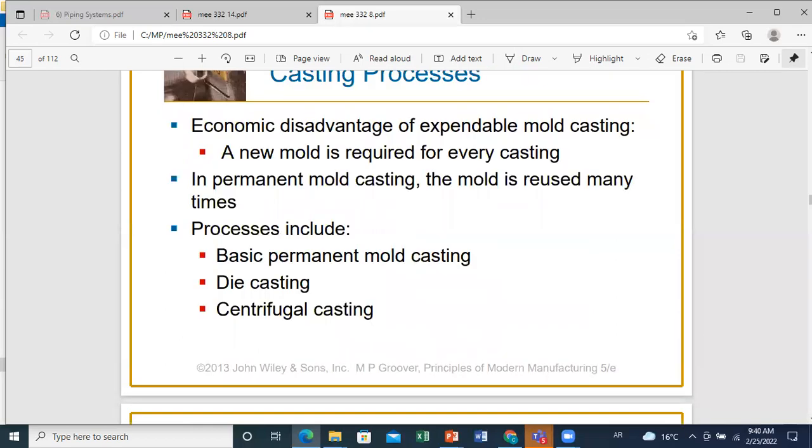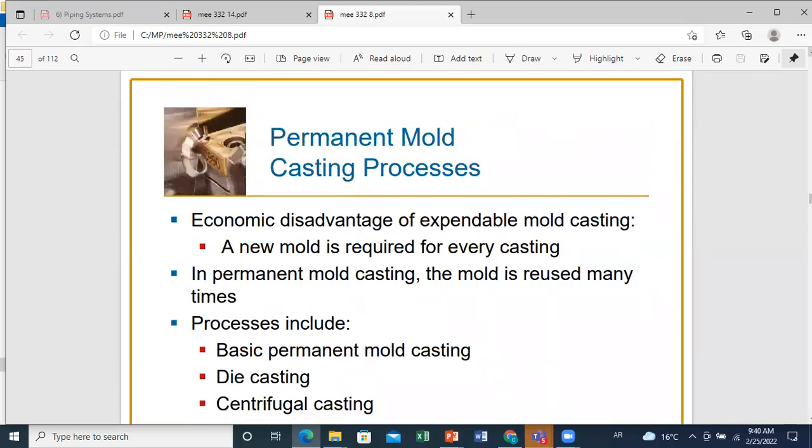Now, in general, if we talk about expendable processes, they all share the same common disadvantage at the economic level, because a new mold is required for every casting. This is why permanent mold casting processes can be used more for mass production, but of course, as we said before, they cannot produce any desired geometry.